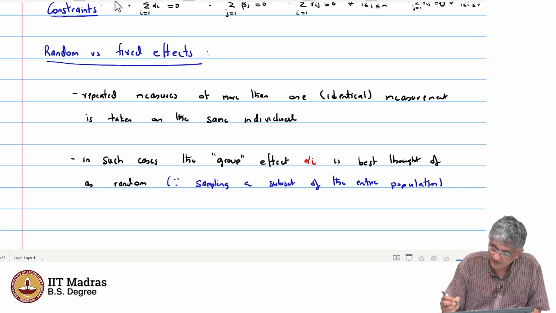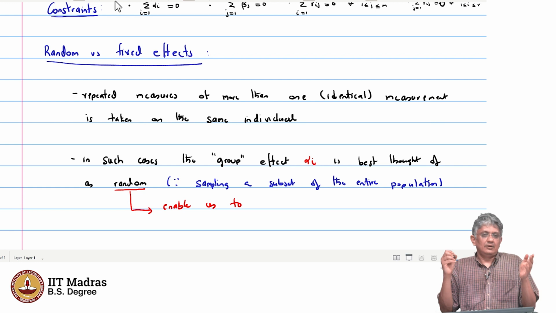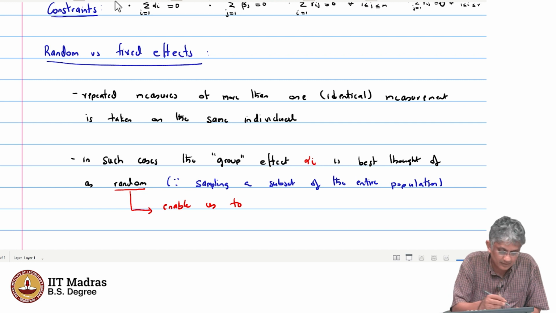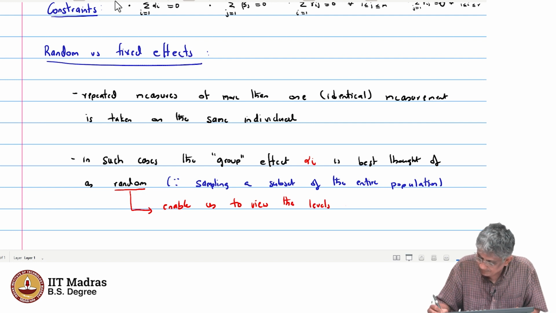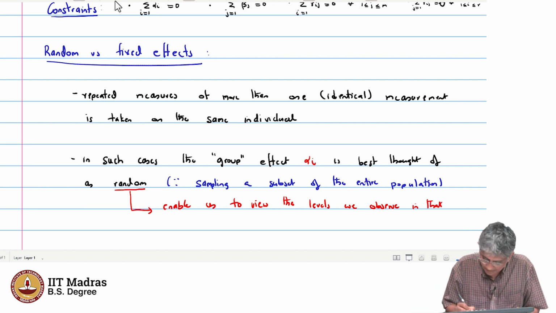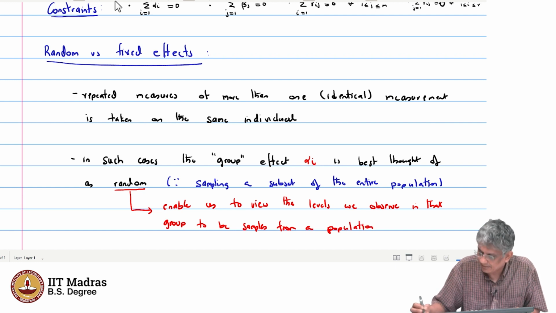So if we assume the group effect is random, then this will enable us to view the levels we observe in that group to be samples from a larger population.